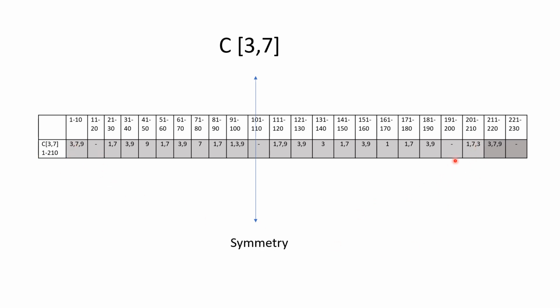Prime 10, prime 10. 3, 9, 1, 7. 3, 9, 1, 7. A 1 here has to be a 9 on the other side. A 1, 7 here has to be a 3, 9 on the other side here. 1, 7 has to be a 3, 9 here. 7 has to be a 3 here. 3, 9, 1, 7, 1, 3, 9, and 1, 7, 9, and a prime 10 in the middle.